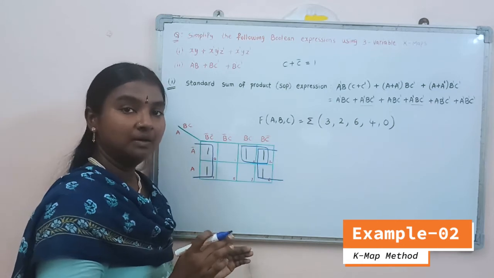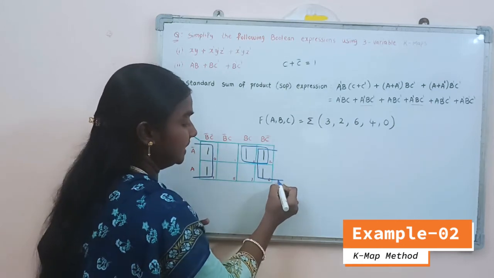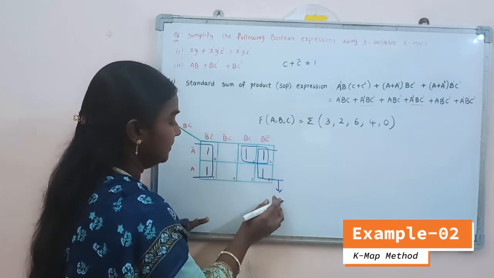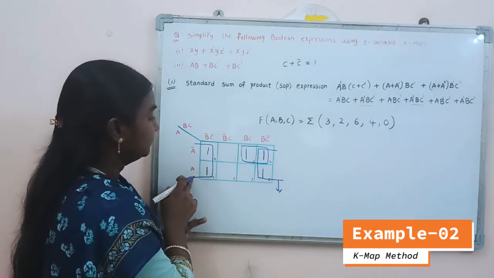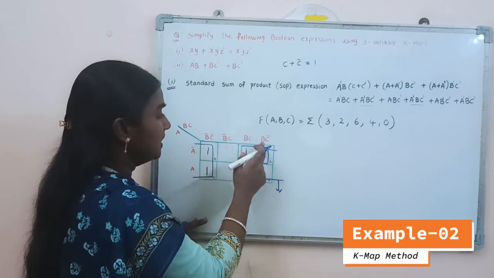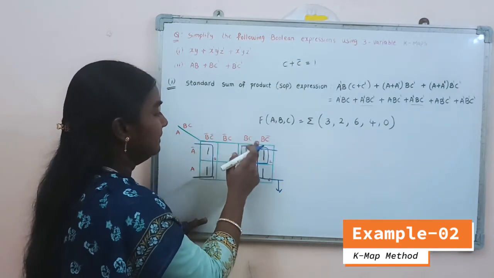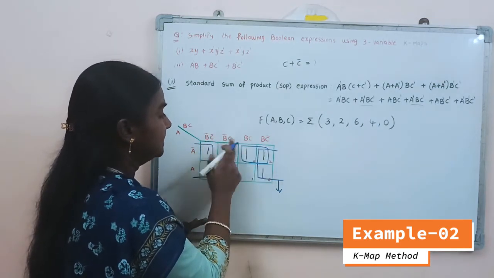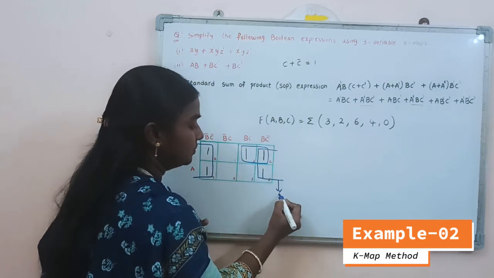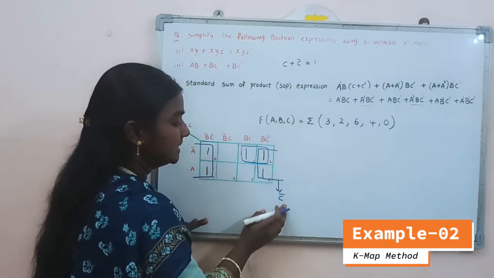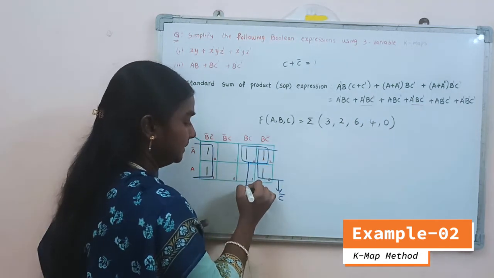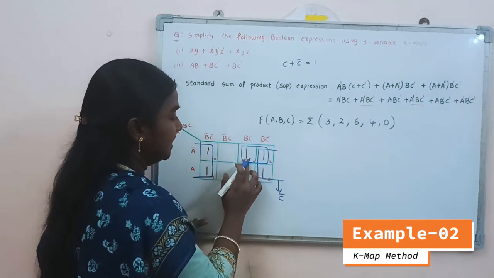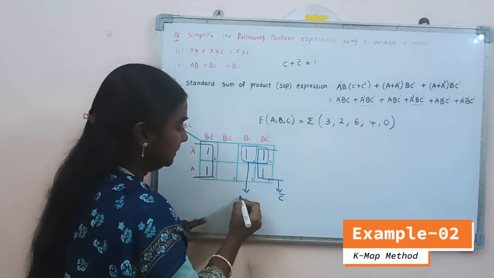Now we will write the product terms. For this quad, the variable a is changing, and considering first column and last column, the b variable is also changing. C bar will be common. So for the quad, we find c bar is the product term. And coming to the pair group, here a bar variable is common.